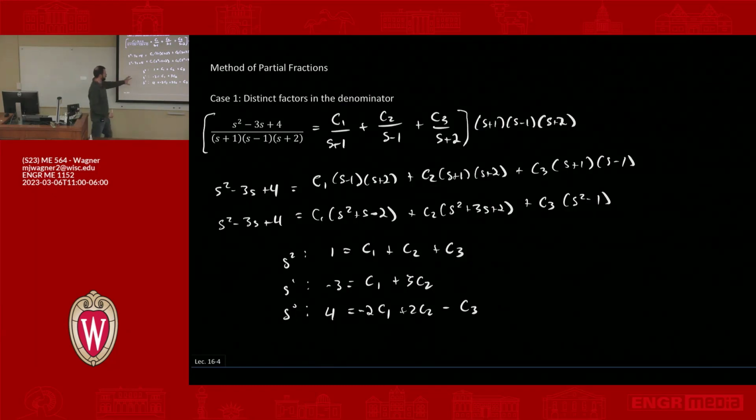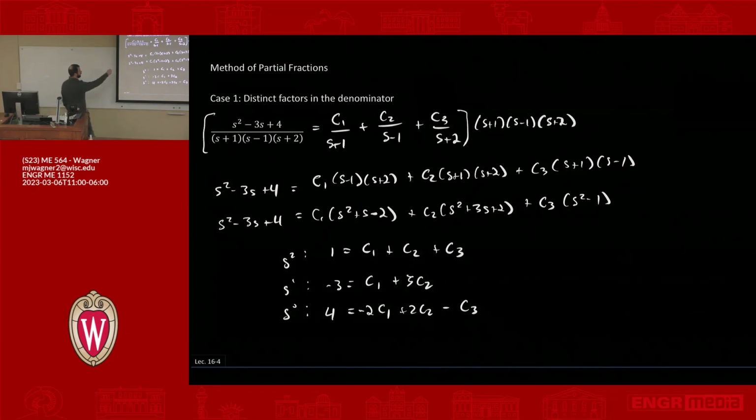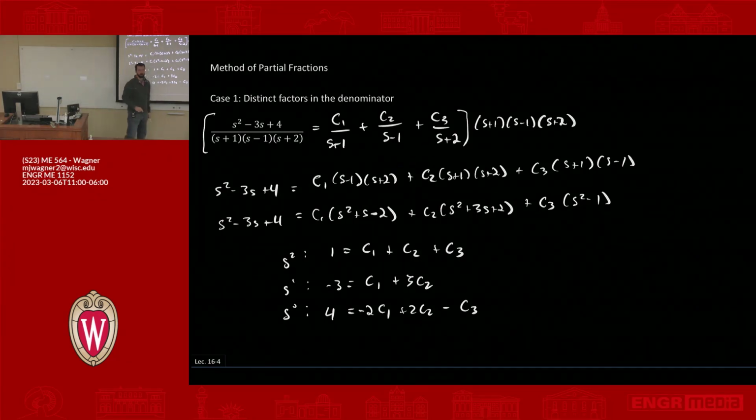Okay, so you have 3 equations, 3 unknowns. You solve it algebraically, and you can rewrite an equivalent formulation for this statement up here that is in terms of stuff that you can actually plug into your tables, right? You can go to the table or plug into Maple and get an answer back.